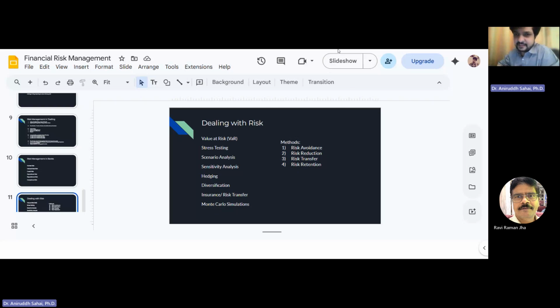Another method that can be used to deal with risk is known as stress testing. Stress testing, as the name suggests, you can easily understand that you are preparing for various stressful scenarios. You're testing your ability to handle different stressful scenarios from an enterprise perspective.